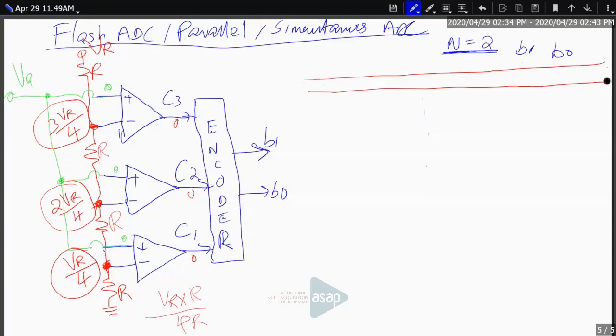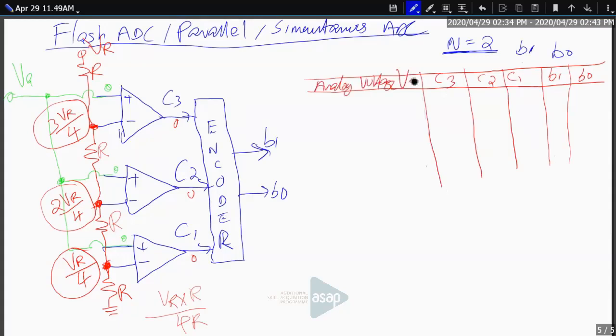But the inverting terminals are definitely at a potential larger than 0. For example, here it is VR by 4. Here it is 2 VR by 4. Here it is 3 VR by 4. So naturally, all the comparators are at 0, 0, 0, we could say. So this will continue like this.